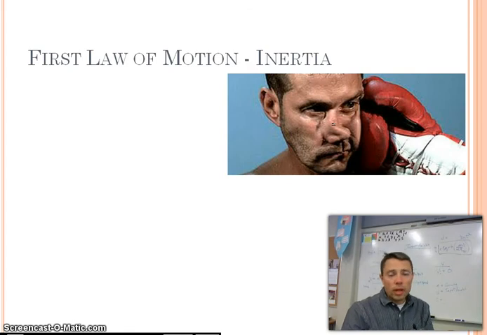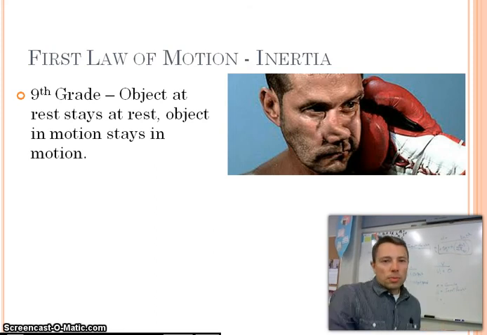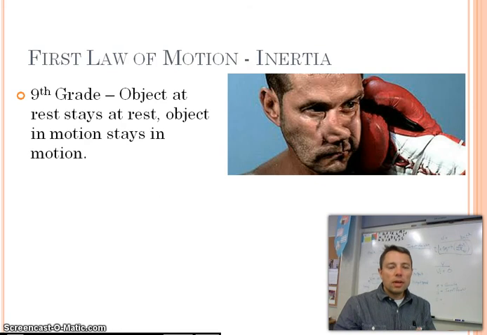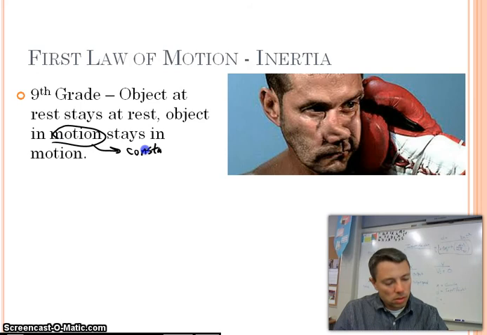So you may remember then we had our kind of basic 9th grade definition of what the first law of motion was, which was an object at rest stays at rest and an object in motion stays in motion. Now, this is where Newton kind of evolved this. He said, motion just means that we're moving, but we're moving with a constant velocity.